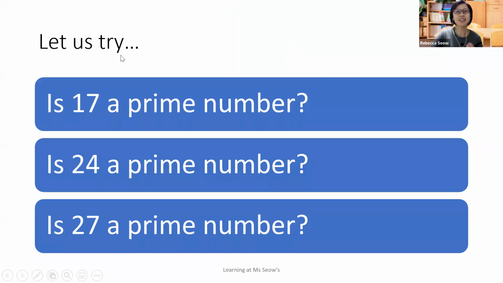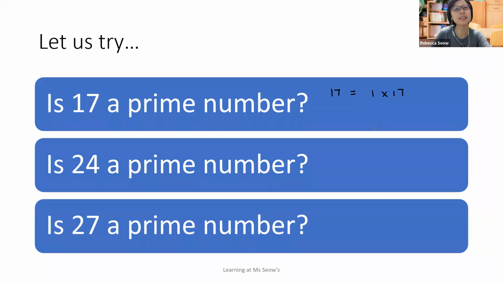Now let's take a look at the 3 questions here and ask ourselves, is 17 a prime number? So let's try to figure out what are the factors of 17. So if I'm going to write it down, 17 is equals to 1 times 17.